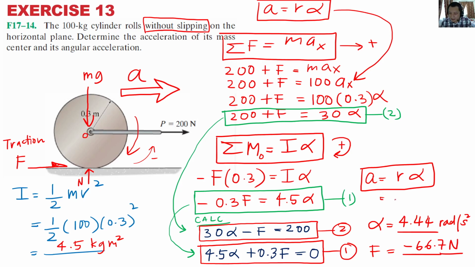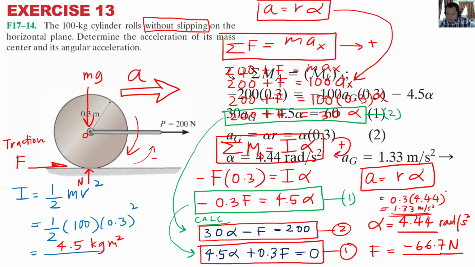Radius 0.3 times 4.44. What's the answer? 0.3 times 4.44, 1.332. 1.33 meter per second squared. Same as the answer. So this is what you get.